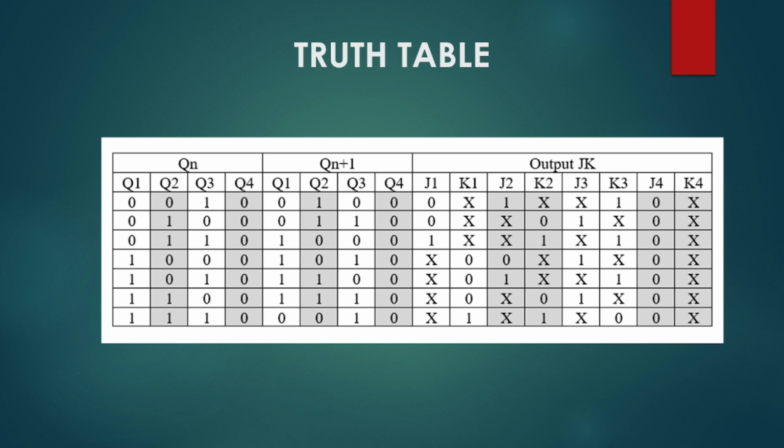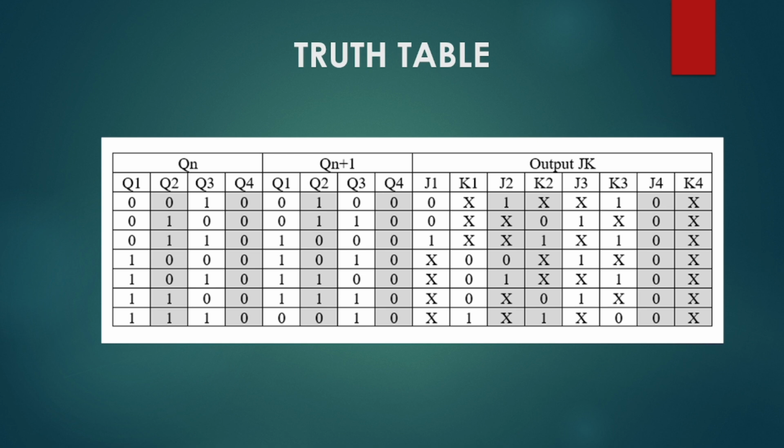On line 5, Qn is 1010, Qn plus 1 is 1100. The output JK will be JK1 X0, JK2 1X, JK3 X1, and JK4 0X.